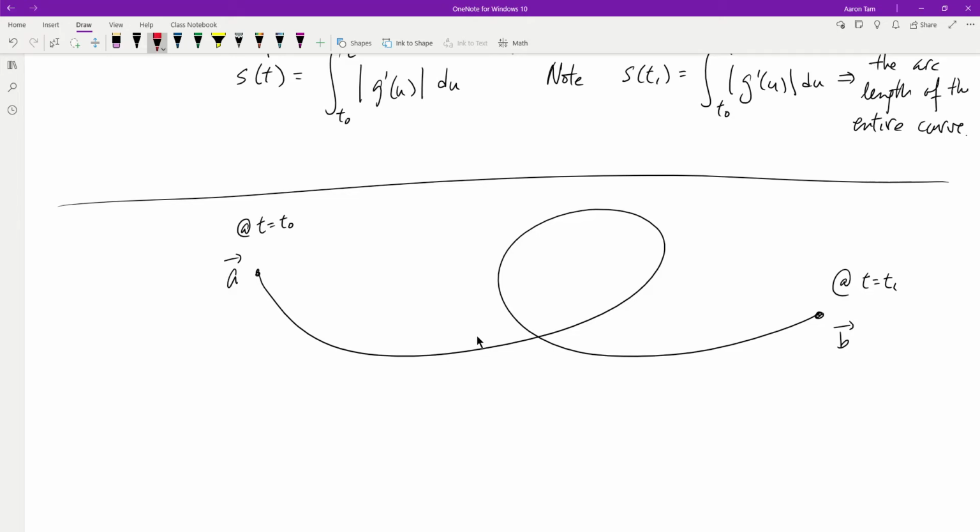Let's say somewhere down the line, let's say here, is where t equals some specific value. Then this would be the length that's traveled from there to here. I'm going to just call that some generic t value. Then this red line would basically be what this is going to be.